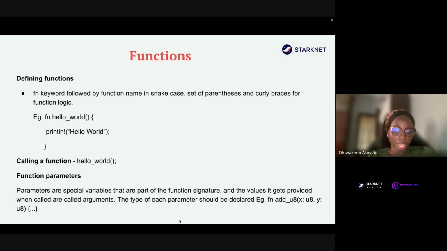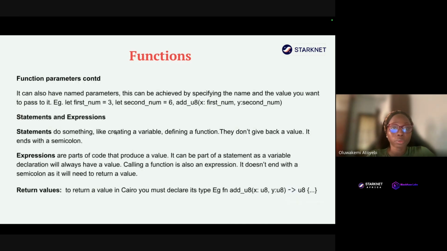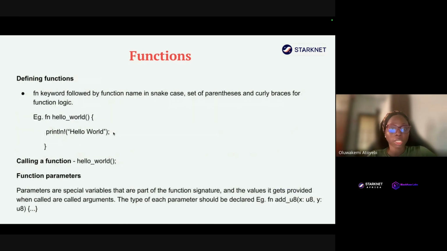So after the fn keyword, you have your function name and your parentheses, as seen in this example, just like what we wrote in a Cairo program, fn hello_world, the parentheses, and then the curly braces that will hold your code logic. Everything about your function logic is going to be within the curly braces.